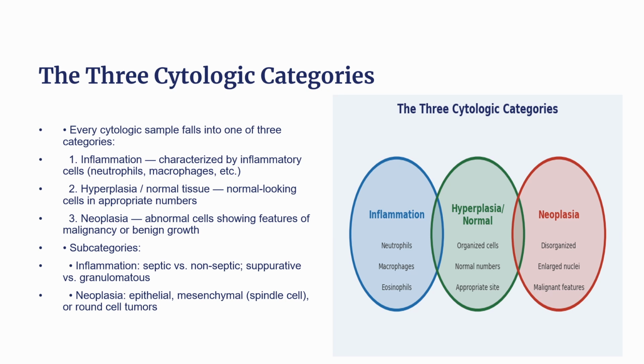Third, neoplasia, abnormal cells that don't belong in the tissue, showing features of uncontrolled growth. Learning to place a sample in the right bucket is your first goal. Everything else, specific diagnosis, prognosis, treatment, flows from that first classification.